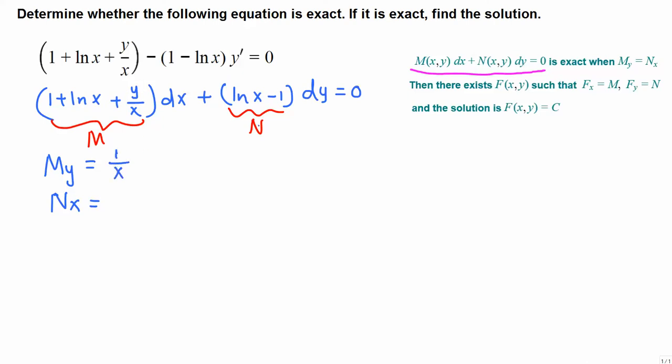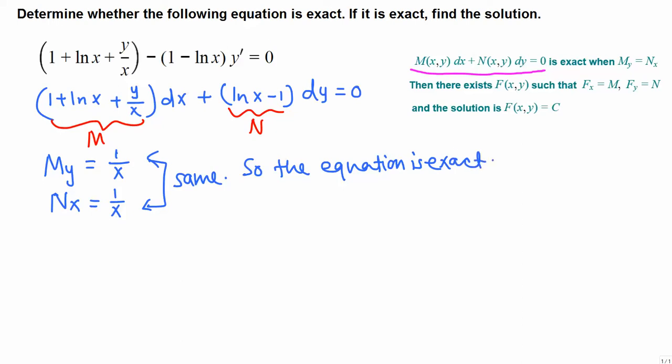Let's find N_x, the derivative with respect to x. Derivative of natural log of x is 1 over x minus derivative of 1 is 0, and M_y and N_x are the same. So the equation is exact. The given differential equation is exact.